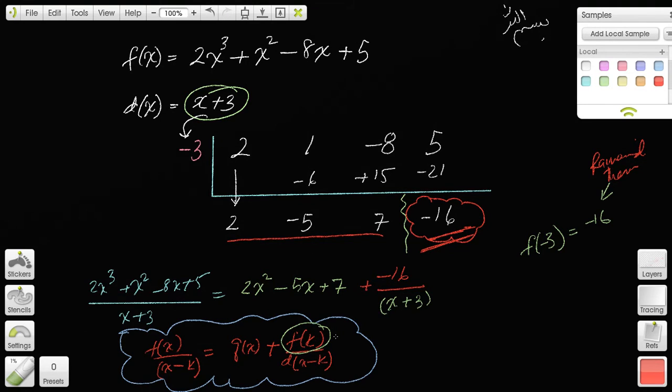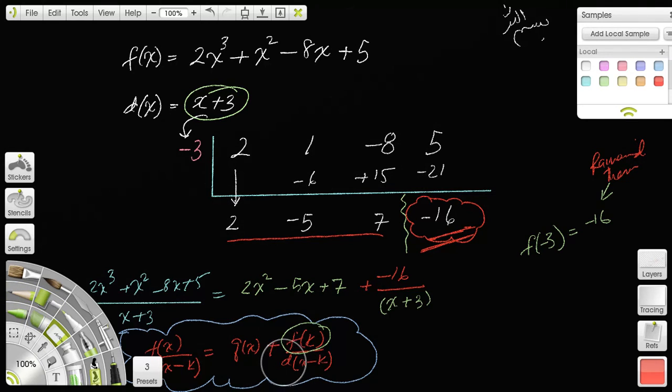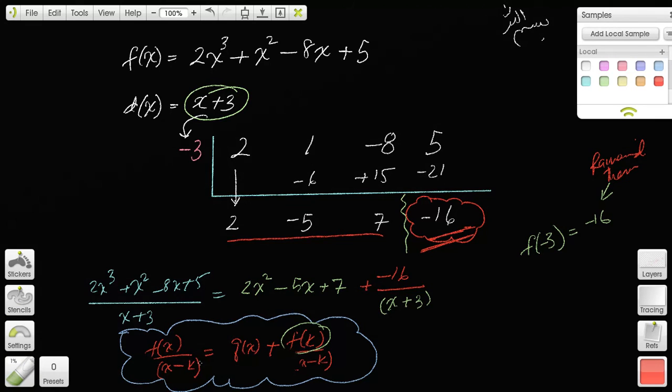That's all that means. And you should get rid of that properly. So this is the correct way of writing this. Sorry about that. So lastly, again, the remainder theorem tells us what the remainder is going to be. If a function is divided by x minus k, the remainder is f of k.